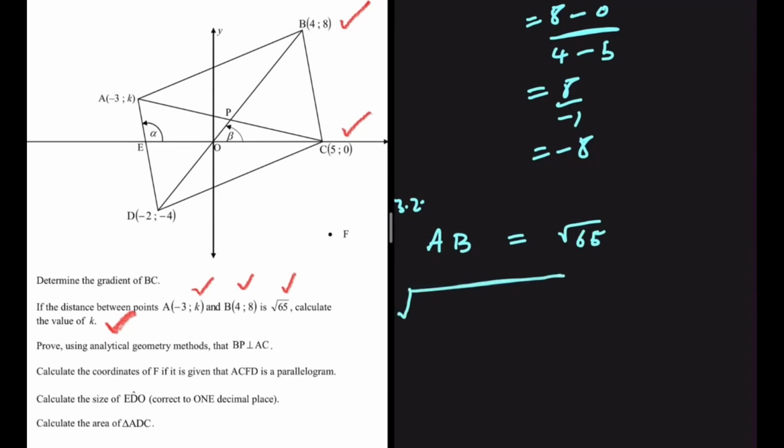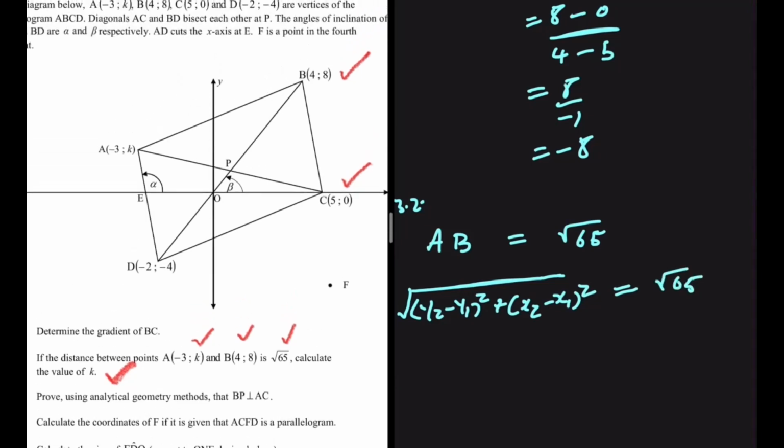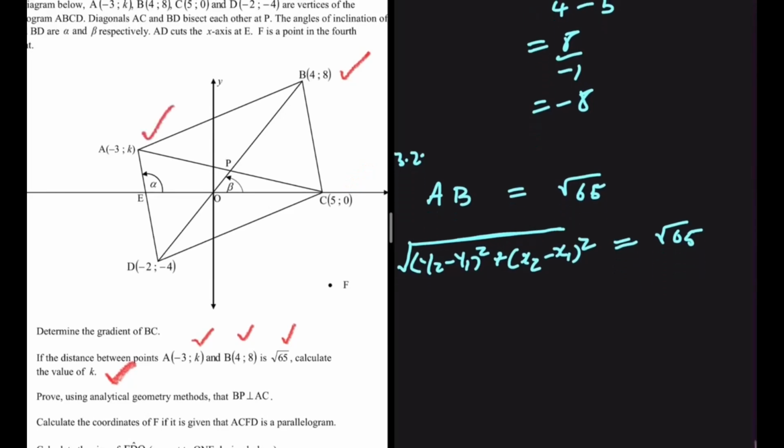If we do that, we're gonna have y2 minus y1 squared plus x2 minus x1 squared being equals to square root of 65. So when we substitute the coordinates of A and B, the only unknown variable we're gonna have is K, and then that is how we are going to find it. Let's go ahead and do that.